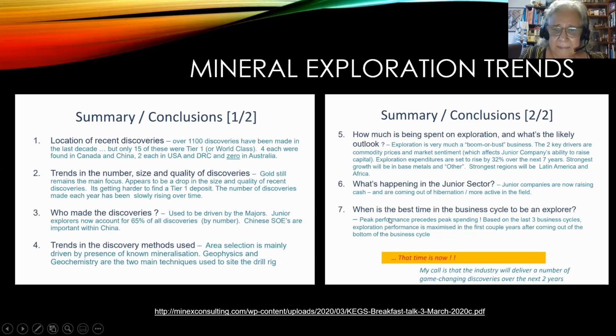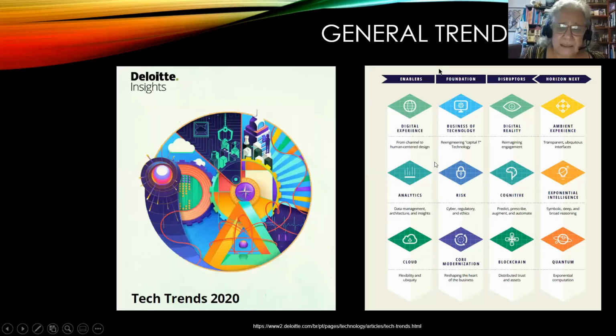The best time in the business for an explorer is normally when peak performance precedes peak spending. So if you spend more, you will find more, and the time is always now, because the demand for metals and other commodities is really higher every day.